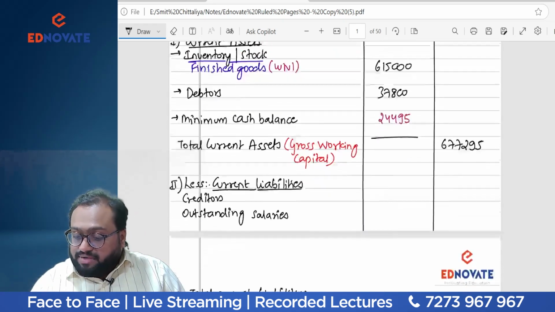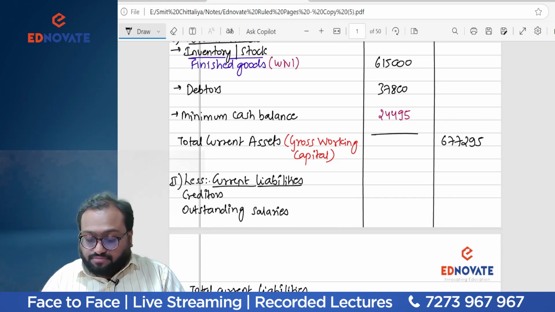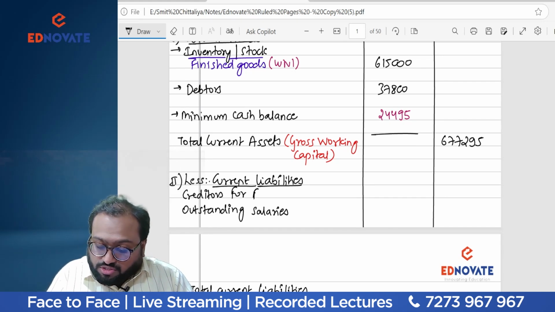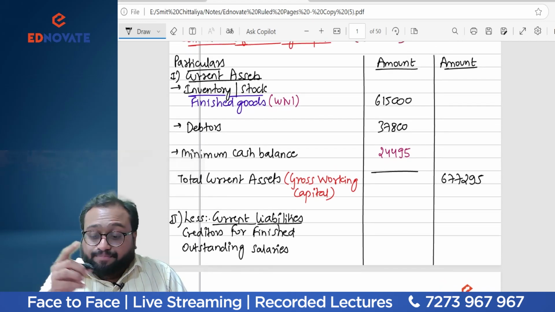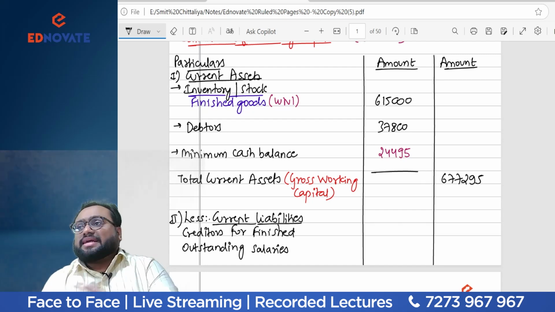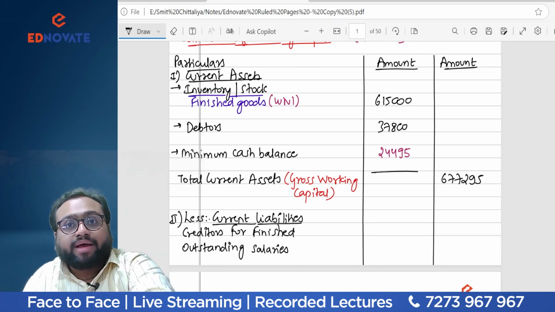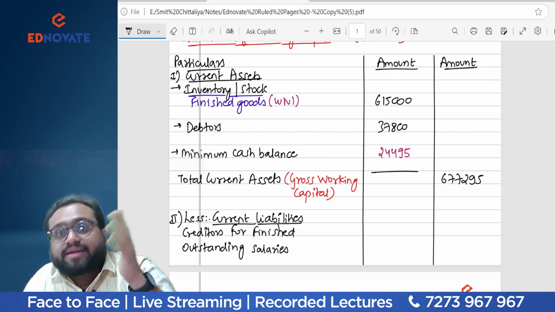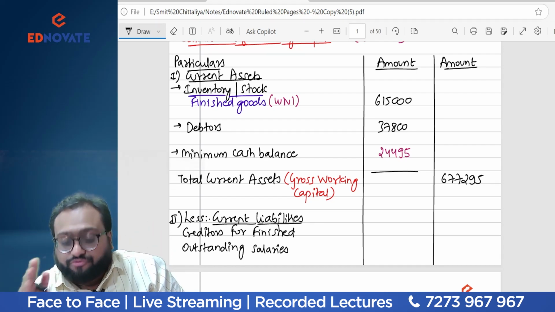Now in current liabilities, what do we have? We have creditors for raw material. Sorry, not for raw material, creditors for finished goods. And one thing I want to highlight over here, if you have read the question very properly, it is not a newly formed company. In tier 2 and tier 1, it is already established, but in tier 3, it is a newly formed company.